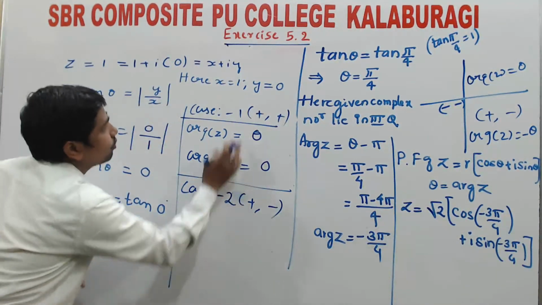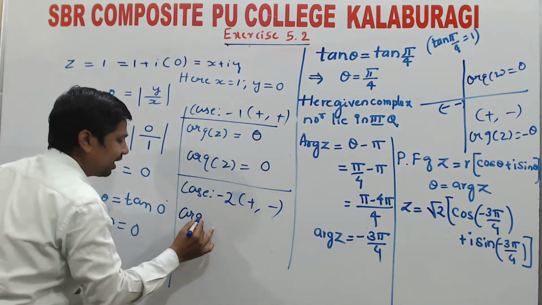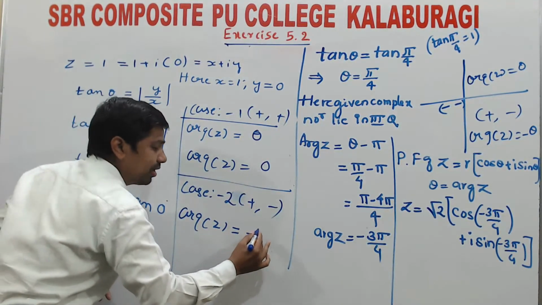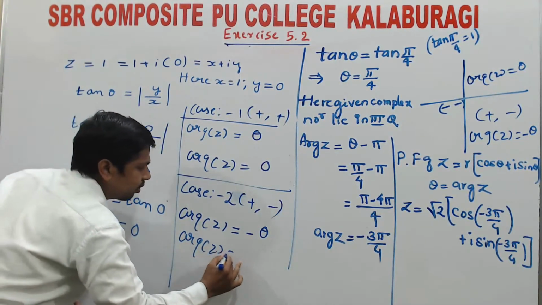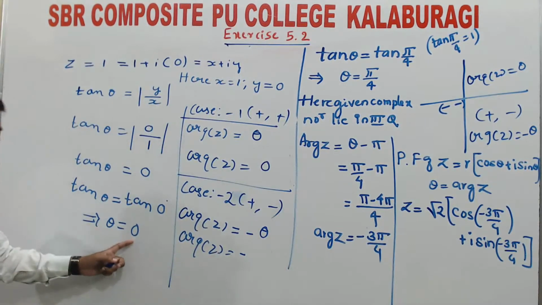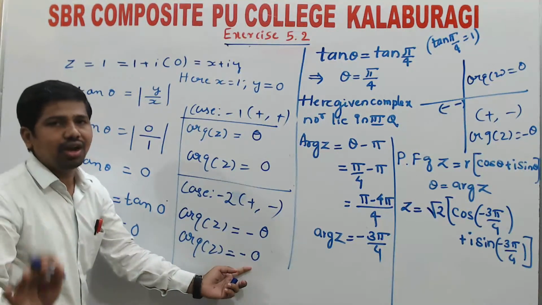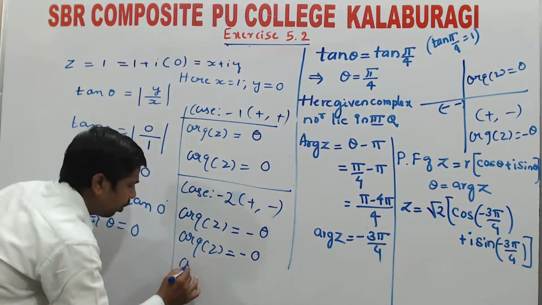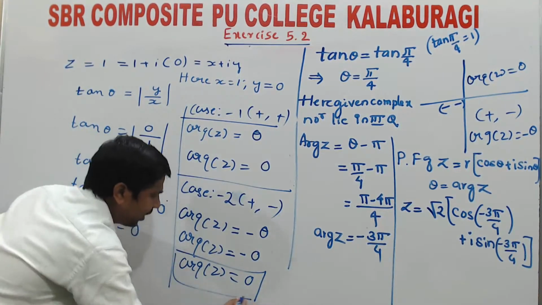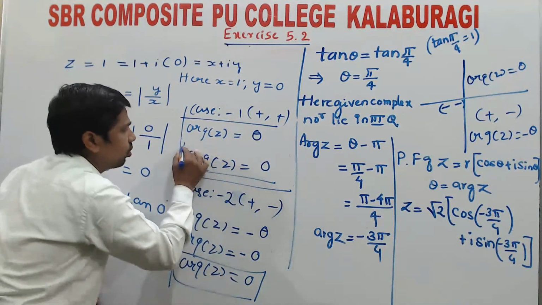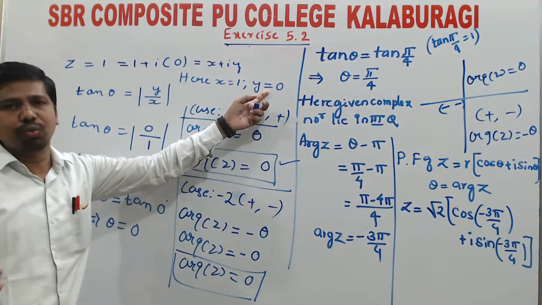So the argument of z is equal to minus theta, and theta is equal to 0. So plus 0 or minus 0 has no meaning, I will directly write only 0. So the argument of z is 0. In both cases we are writing the argument of z as 0 only. That indicates you can take any one, and it will be correct only. Hope you got this point.